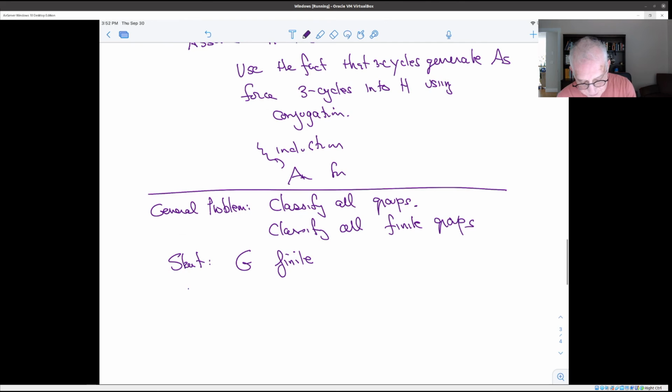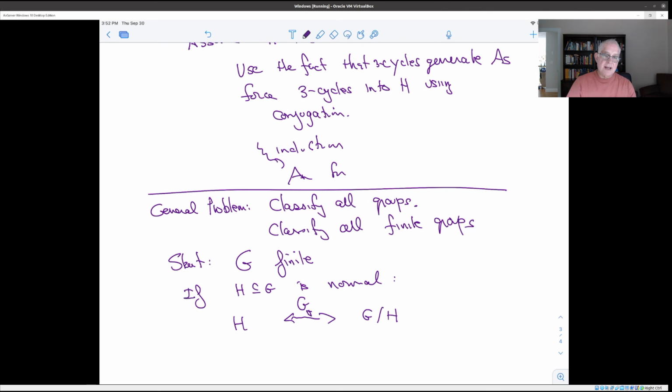Well, if H is a normal subgroup of G, then you can look at H and G mod H. And in some sense, G is kind of like built up out of these 2 parts. It's not necessarily just the product. In fact, it's not going to be the product in general, but at least it's built up out of these 2 smaller groups.